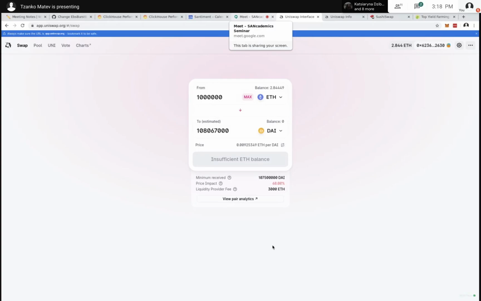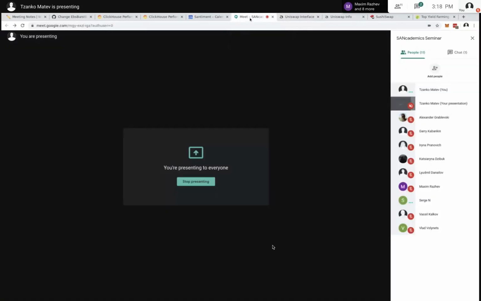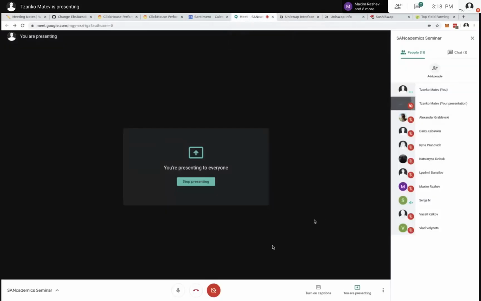The next trader is balancing it. It's interesting because you can exchange more than exists in the pool now. It's only maybe one month in production.